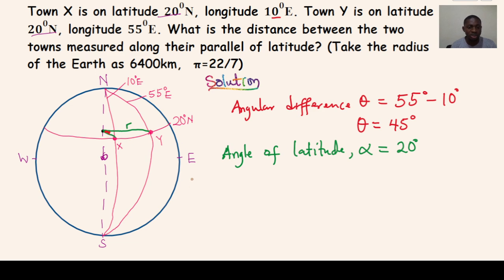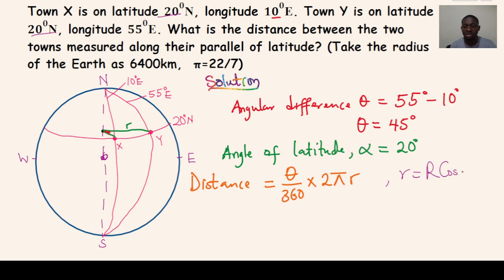Distance between 2 points on a small circle, or on a parallel of latitude, is equal to theta over 360 multiplied by 2 pi small r, because it's a distance along a small circle. Assuming it's a distance along a great circle, we are going to be considering big R, where small r is big R cos alpha, that is cos the angle of the latitude.